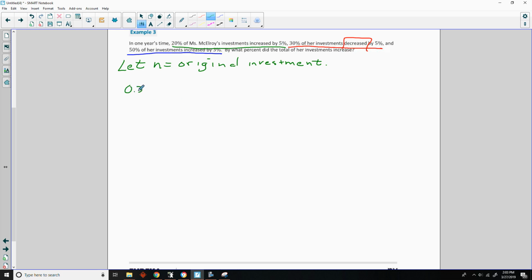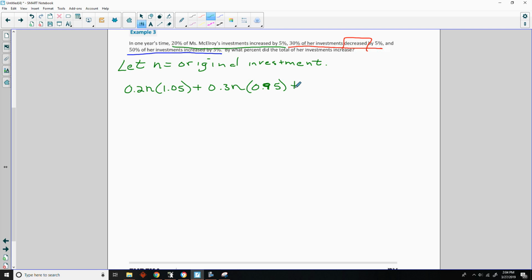So 20% as a decimal, 0.2N. 20% of her investment increased by 5%. So I multiply that by 1.05. That's a 5% increase. And then we're going to add that to 30% of her investment, 0.3N, decreased by 5%. Well, 5% less than 100% is 95%. So we're going to multiply that by 0.95.